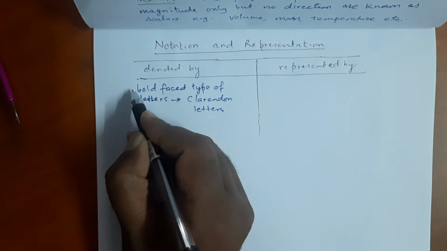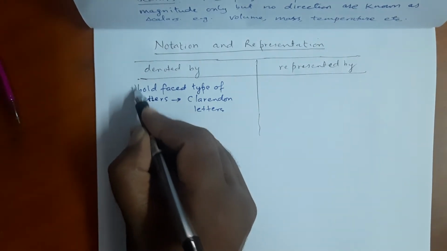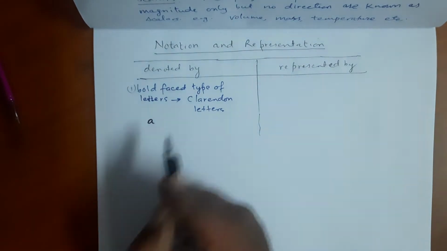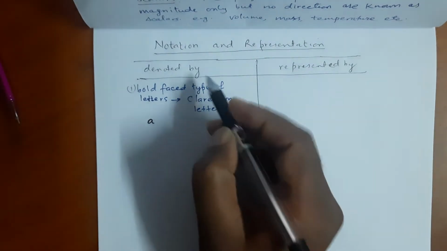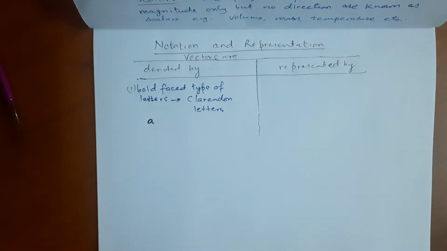So this is one way of representing a vector. Instead of this, vectors can be represented by a letter or a combination of two letters of the English alphabet with an arrow over it.